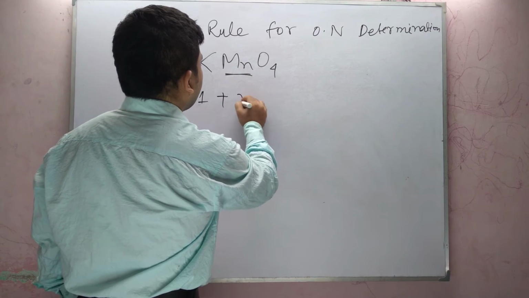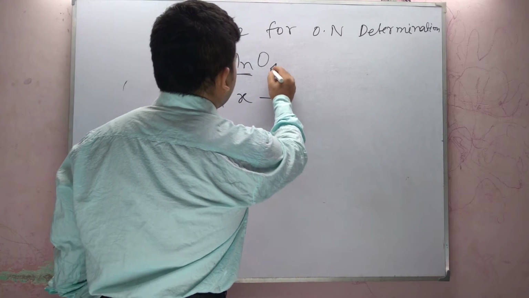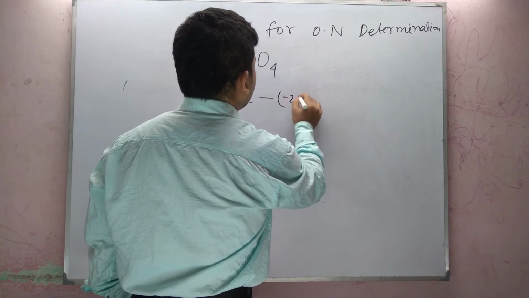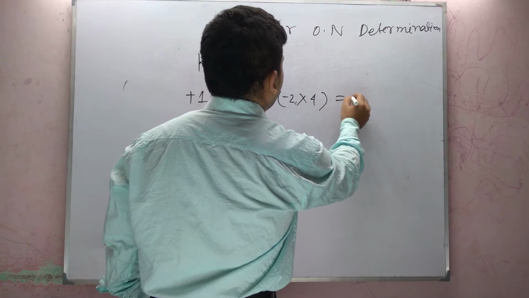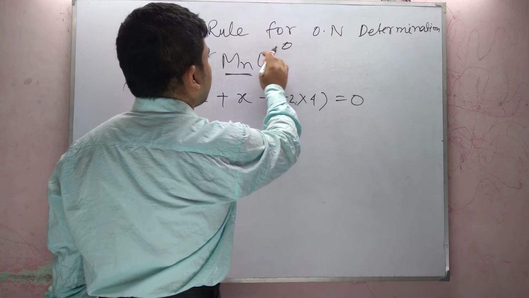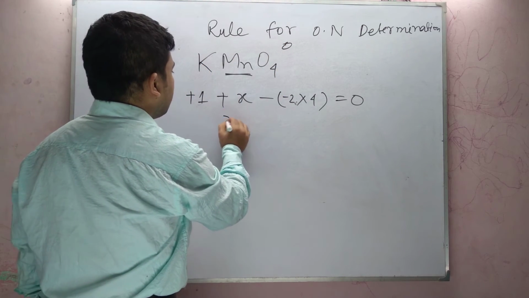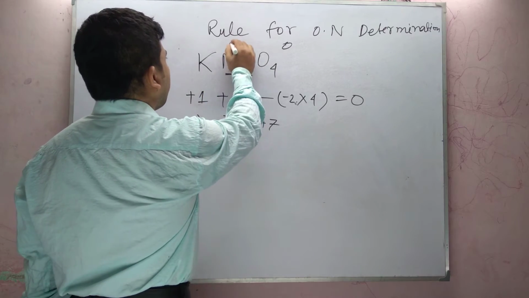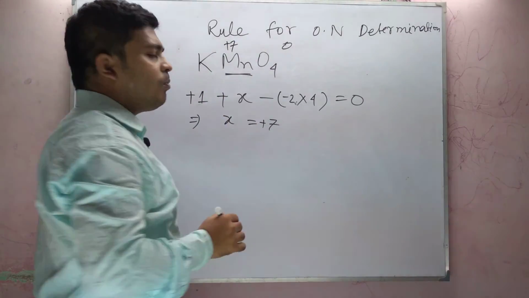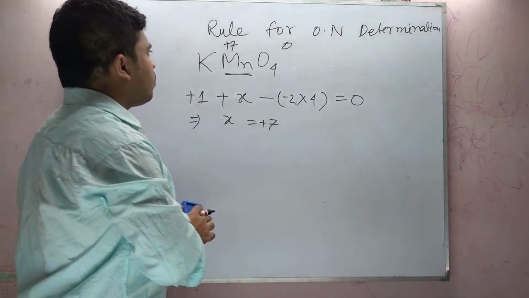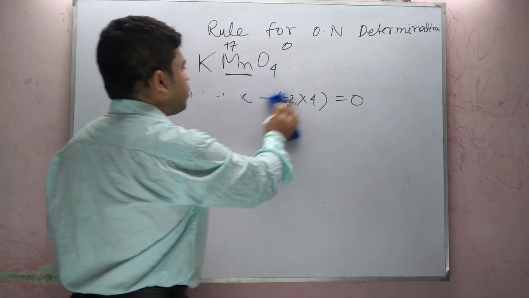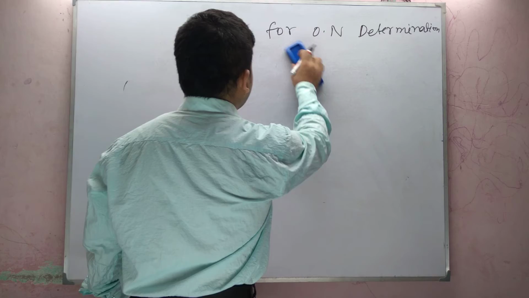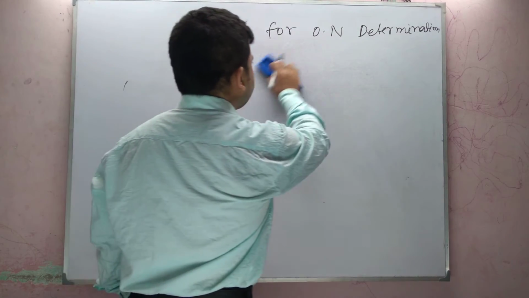We take manganese as X, and oxygen as a normal oxide, so -2 into 4, and the overall result is 0, since no charge is present. Therefore X equals +7. So manganese is in the +7 oxidation state. In this way you can calculate the oxidation number of other atoms in a compound.